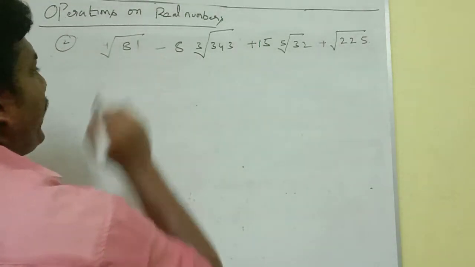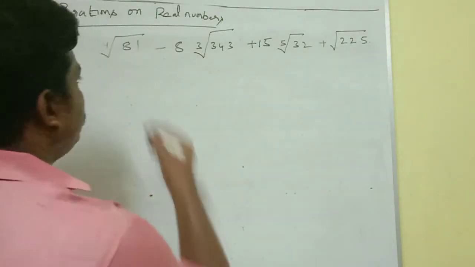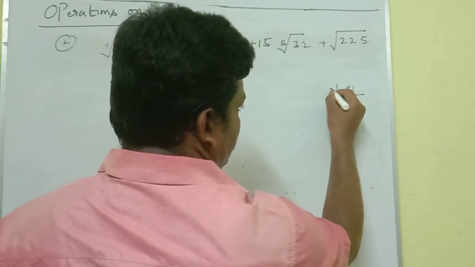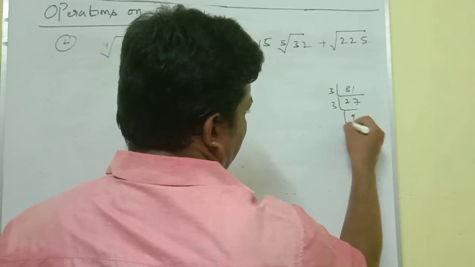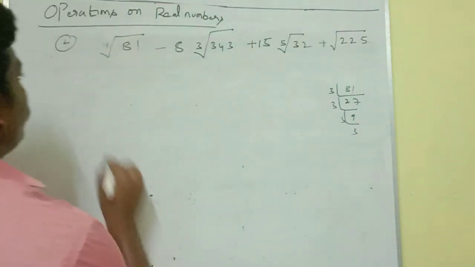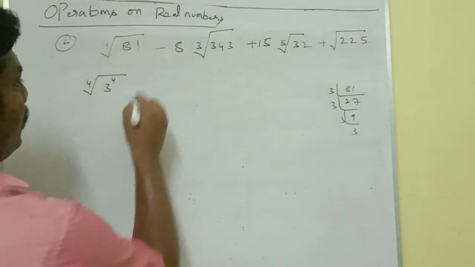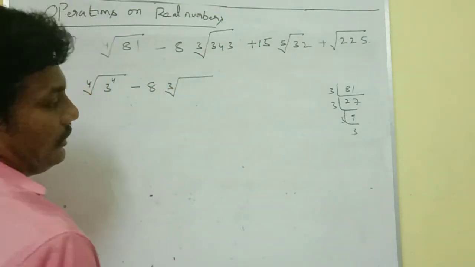Fourth root of 81. Before doing this, we have to do the prime factorization. So 81, what is the prime factorization? 3 threes are 9, 3 nines are 27, 3 twenty-sevens are 81. So how many 3s are there? 3 power 4. This is the fourth root of 3 power 4. Next, 8 into cube root of 343.